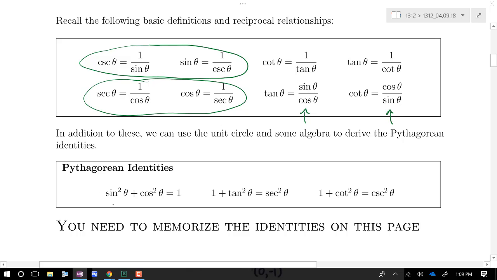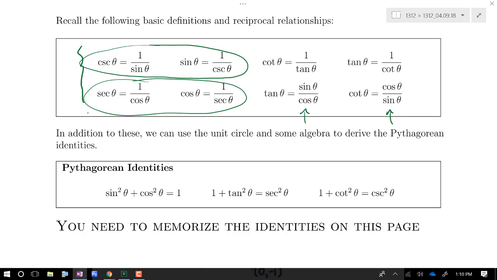In addition, we have a couple other identities, these three other identities, the Pythagorean identities, and the formulas on this page are the ones that you need to know. You need to memorize them. They will not be provided. However, at least this top group we've needed to know for some time.